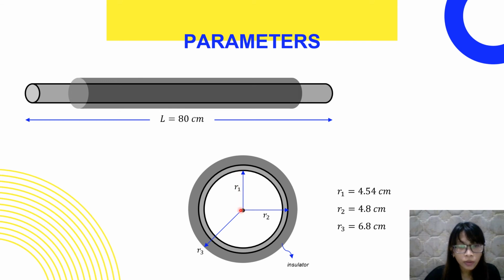R1 is from the middle to the inner radius, R2 is from the middle to the outer one, and R3 is from the middle until the insulator, which is the foam. Here R1 is 4.54 centimeters, R2 is 4.8 centimeters, and R3 is 6.8 centimeters.